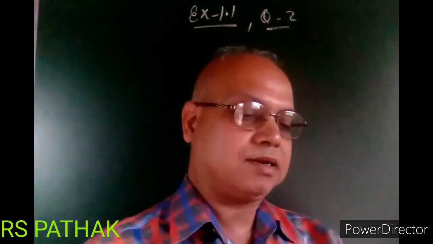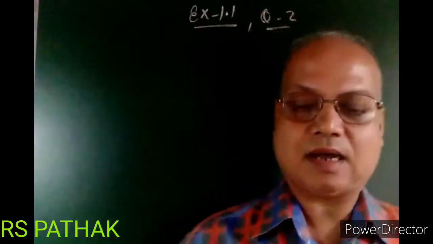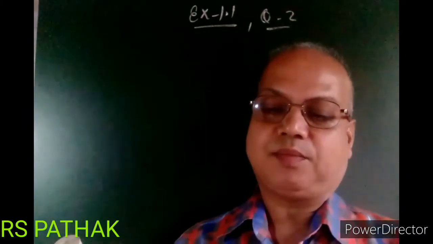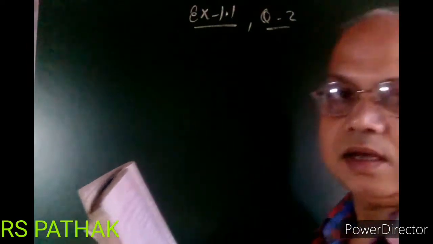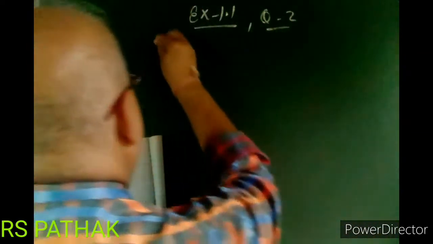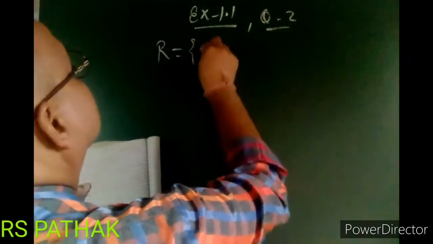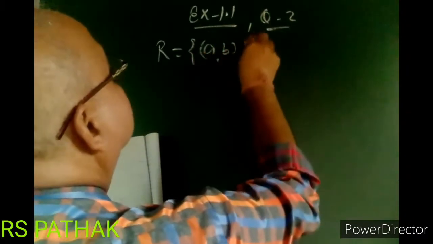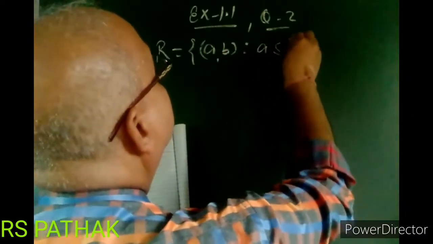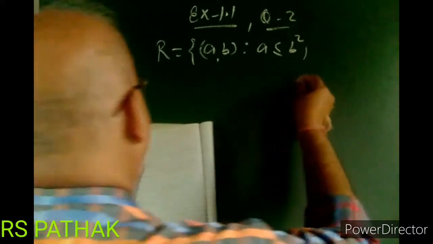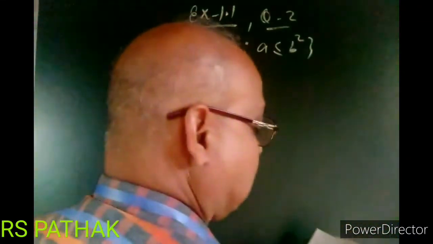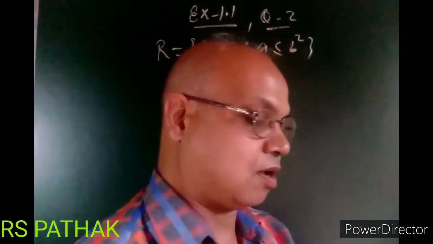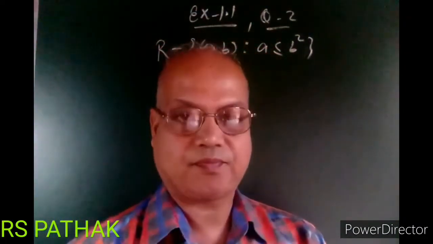Show that the relation R in the set R of real numbers, defined as R equal to {(a, b): a less than or equal to b squared}, is neither reflexive, nor symmetric, nor transitive.